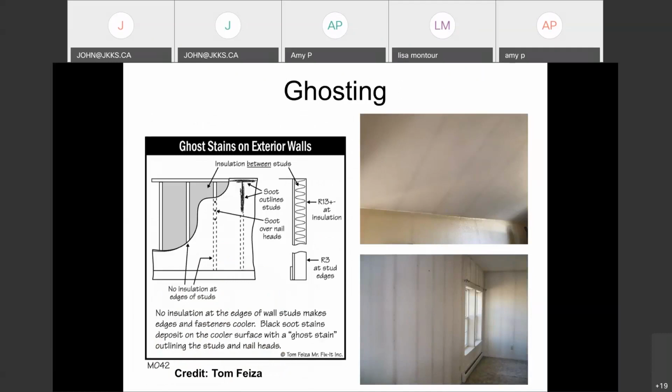What can be done to prevent ghosting is more insulation on the outside. If we go back to this image and imagine the wood sheathing on the outside, it's better to have what we'll call rigid insulation, because this wood-to-wood contact creates the thermal bridge, a weak spot.